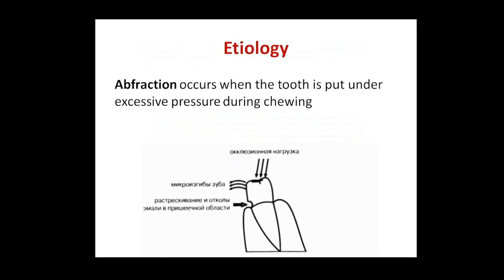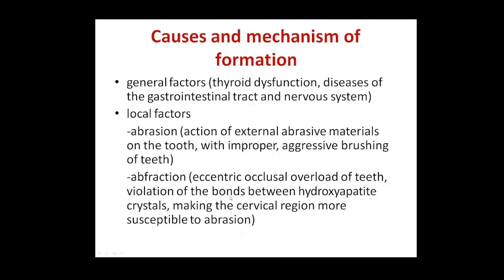Etiology. Abfraction occurs when the tooth is put under excessive pressure during chewing, occlusal pressure, and a defect forms in the place near the gum in the cervical part of the tooth. Causes and mechanism of formation of wedge-shaped defect. There are two groups of factors, general and local.